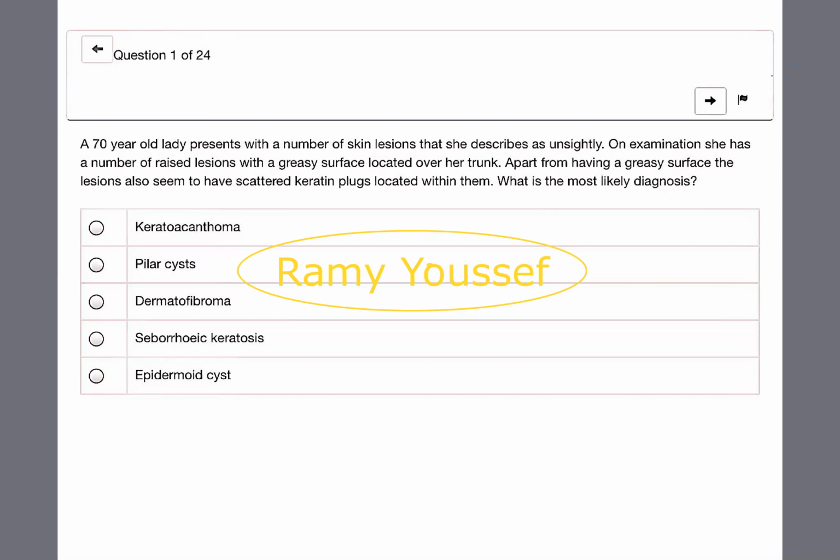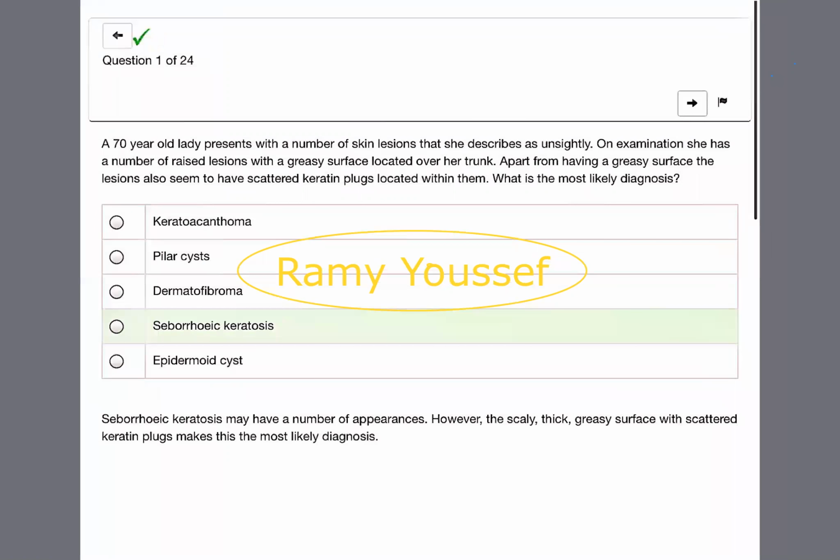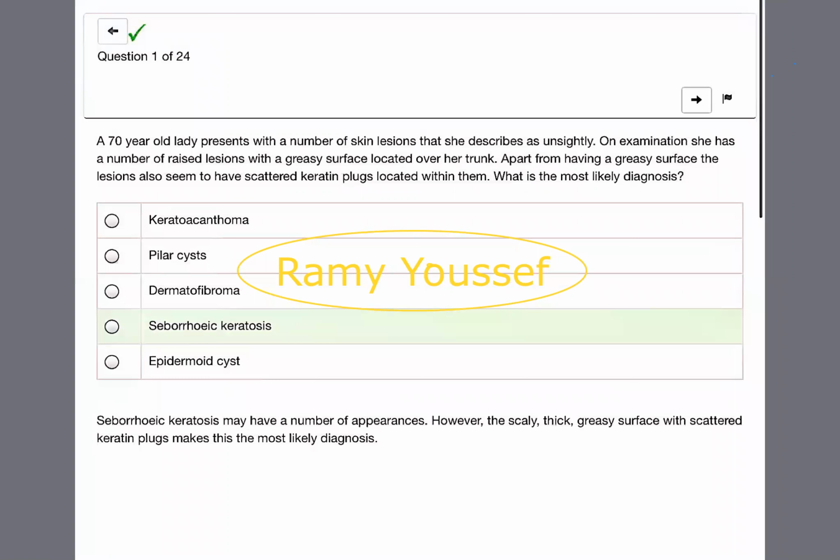Keratoacanthoma, pilar cyst, dermatofibroma, seborrheic keratosis, or epidermoid cyst. It's seborrheic keratosis. As we said, the lesion has both a greasy surface and scattered keratin plugs, so it's seborrheic keratosis.